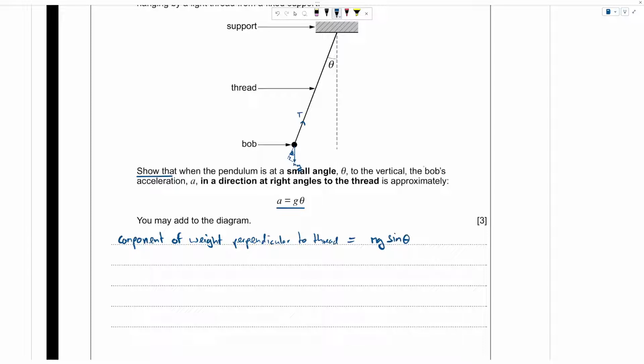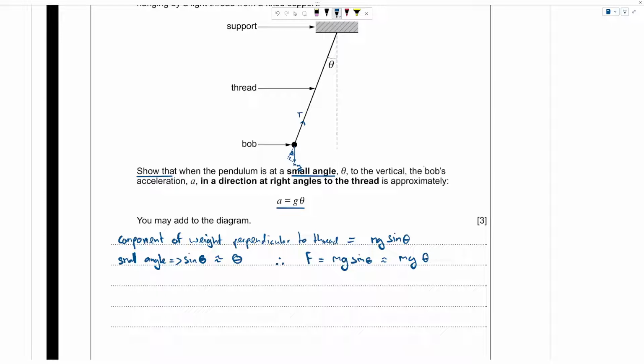And notice it says this is a small angle in bold. So small angle implies that sine theta is approximately theta when measured in radians. Therefore, our force is given by mg sine theta, which is approximately equal to mg theta.